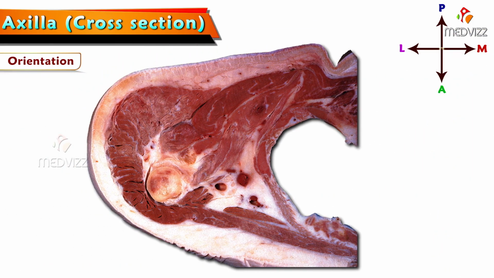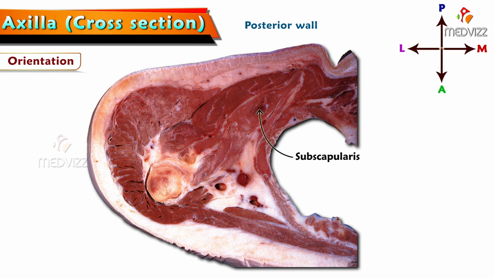Have a look at the posterior wall. It is much bulkier and we can observe a thick coat of muscles compared to the anterior wall. One important point to understand anterior and posterior orientation in a cross section of the axilla is that the posterior wall is much bulkier than the anterior wall. The posterior wall is contributed mainly by two muscles.